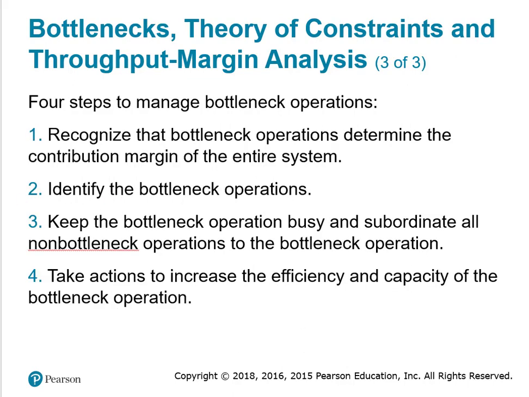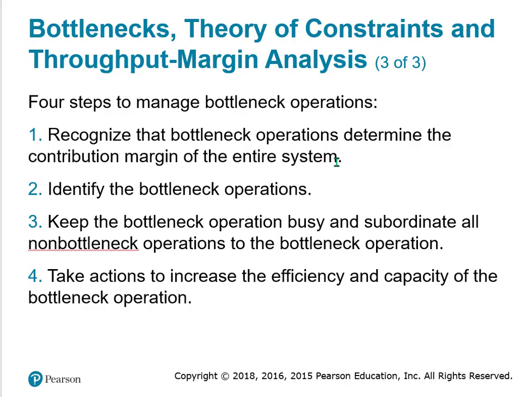So the 4 steps to manage a bottleneck is to recognize that bottlenecks determine the contribution margin of the entire system, identify the bottleneck operations, keep the bottleneck operation busy, and subordinate all non-bottleneck operations to the bottleneck. So in other words, everything that it takes to keep the bottleneck moving, keep that open is where the focus is in the operation.